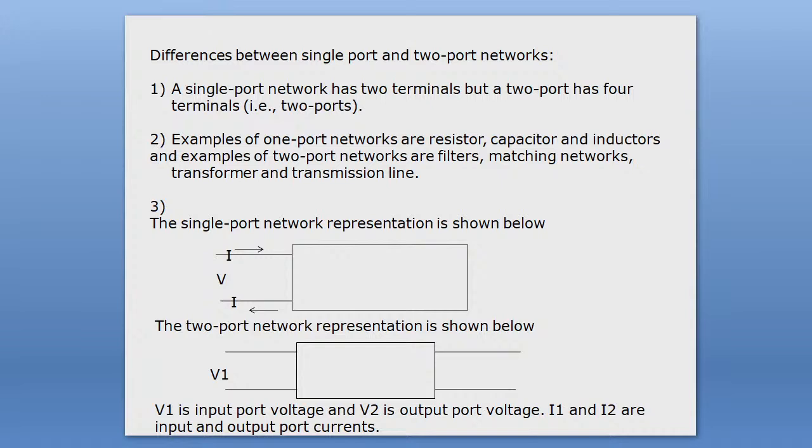Examples of single port networks are capacitor, inductor and resistor, because you know that these elements have only two terminals. On the other hand, examples of two port networks are filter and matching network.